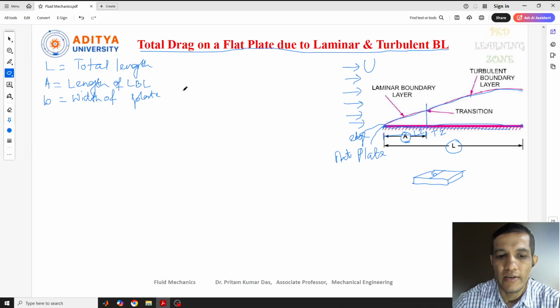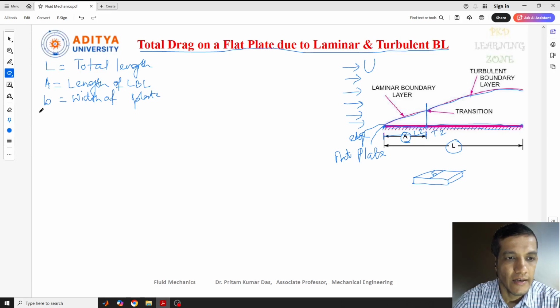Now, if the length of the transition region is assumed to be negligible, that means there is no certain discussion about transition, because it is only the period from laminar to turbulent. If this is negligible, then from where will the turbulent start? Obviously the total length is there, and there is the laminar boundary layer zone, so that will be the length of the turbulent boundary layer.